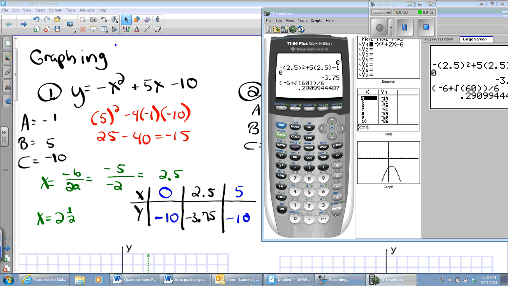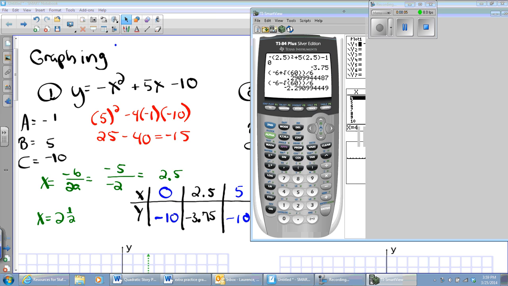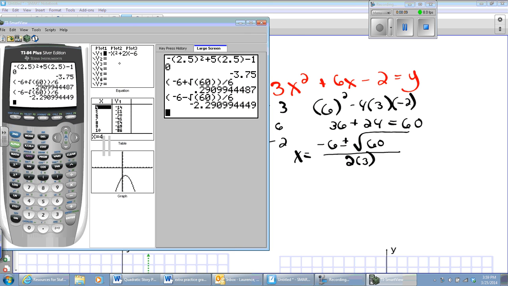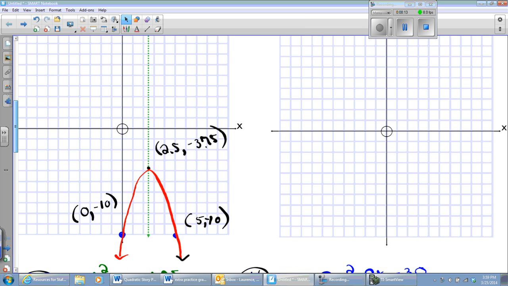The other answer I can get by editing this to a minus, and then I'll get negative 2.29. So my zeros are going to occur at about 0.29, pretty close to a quarter, and negative 2.29.